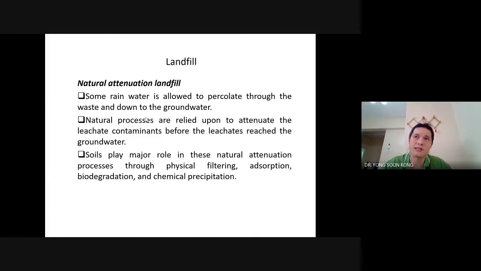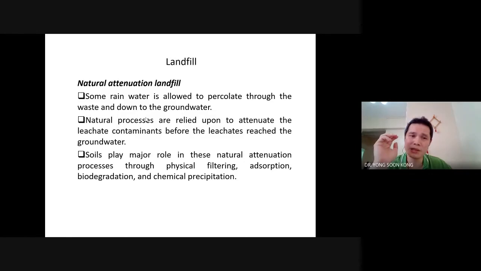Now, leachate is the liquid wastewater from the overflow of a landfill. Of course, when you have rain, it seeps into the landfill. The rain may dissolve and leach out dangerous chemicals. So this is what we call leachate, this wastewater.